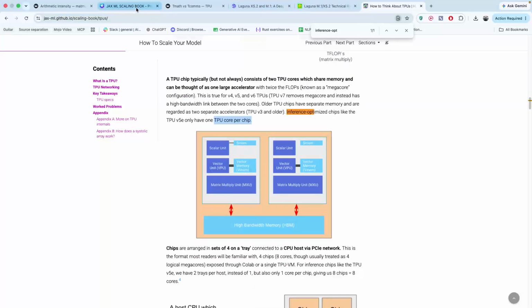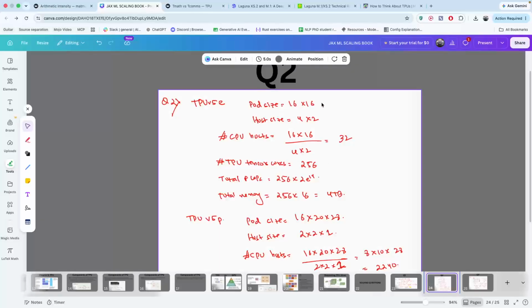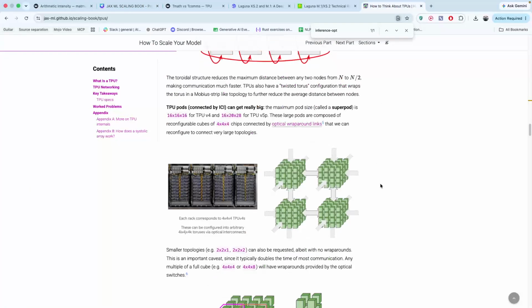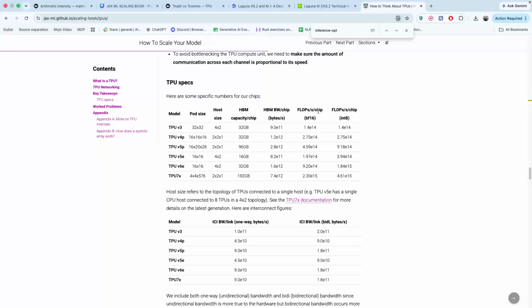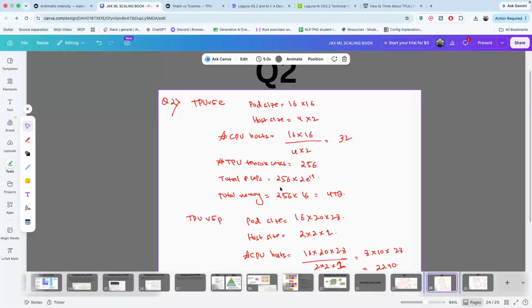So 256 is the pod size, and each one has one tensor core, so we have 256 tensor cores. Now if we go back here, the flops per second per chip for this TPU is 2 × 10^14. So the total flops would be 256 times that, since this is per chip or per tensor core, we just multiply for total flops.